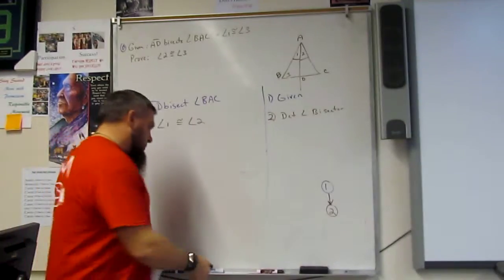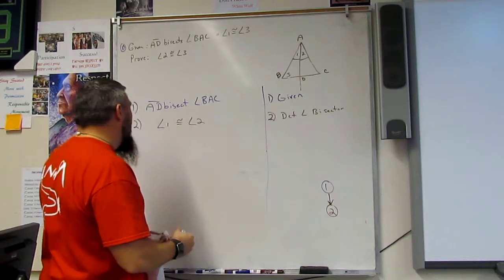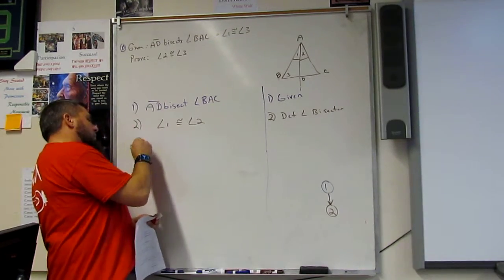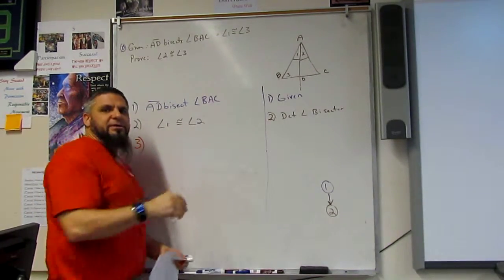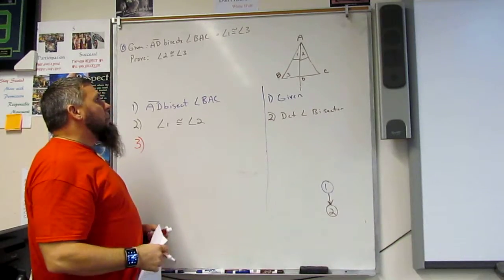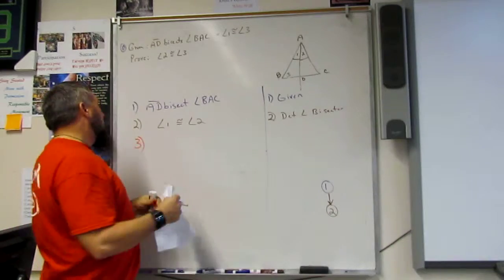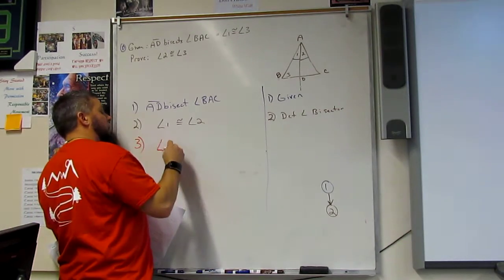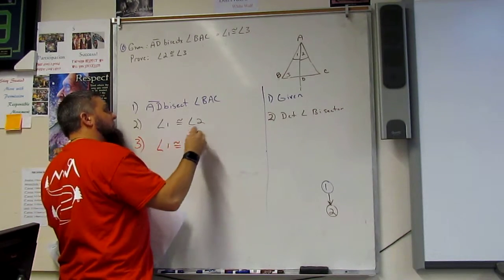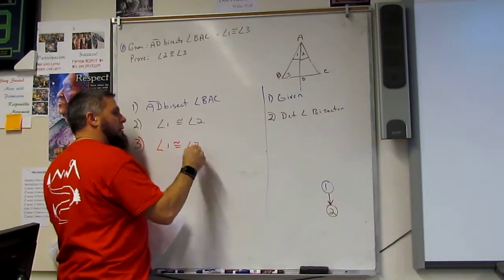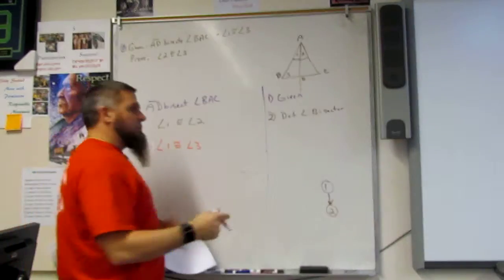Now 3. What am I going to do with 3? Can I come up with anything from this? Well, how about I look at the second given. Angle 1 is congruent to angle 3. Given.